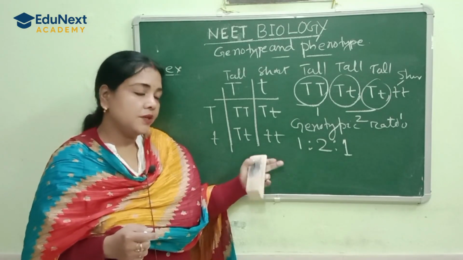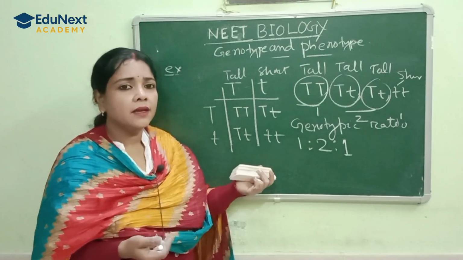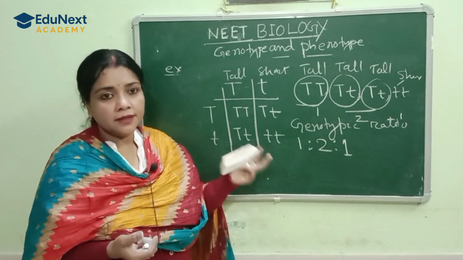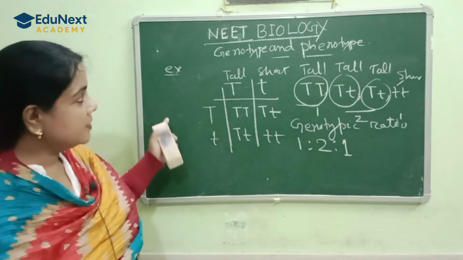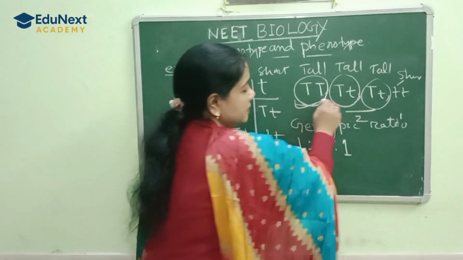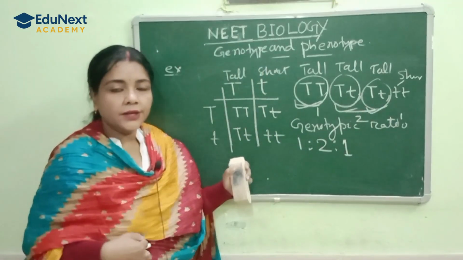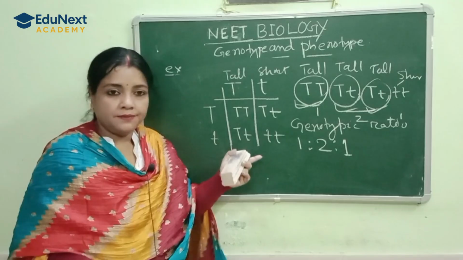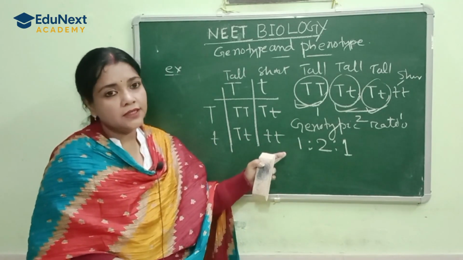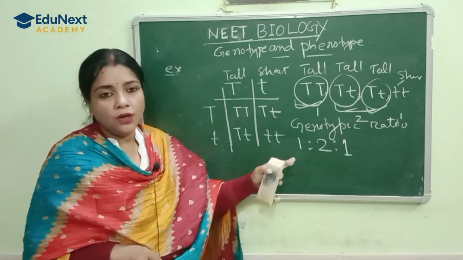This time also it is very important, and you may face a problem regarding the genotypic and phenotypic ratio. Now let us discuss the phenotypic ratio. These are genetic makeups, and the genotypic ratio shows the chance of getting an offspring that is tall or short.